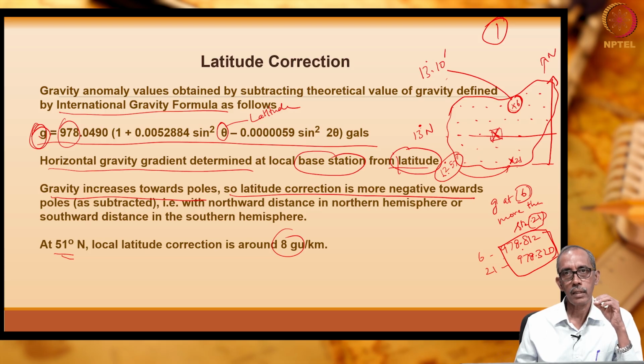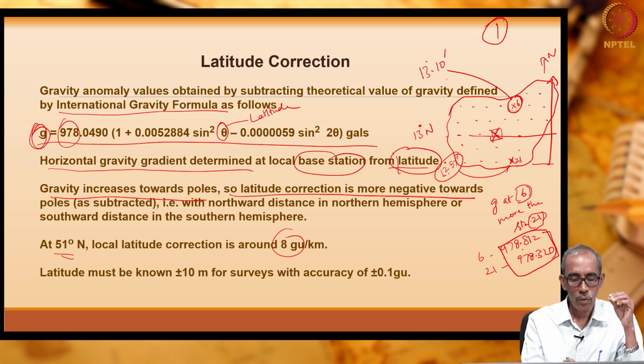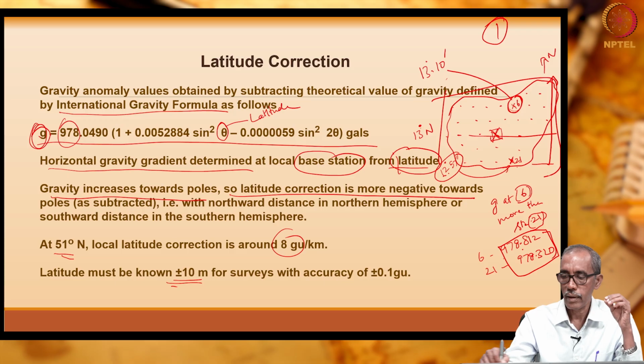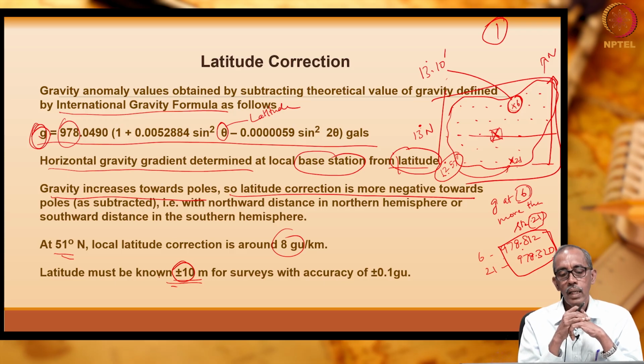What we are achieving by carrying out latitude correction? We have achieved, what is known as a highest level of accuracy is necessary. How can you achieve highest level of accuracy in gravity survey? Only by precisely knowing the locations of all the stations, at least with an accuracy of plus or minus 10 meters, especially along north-south direction.